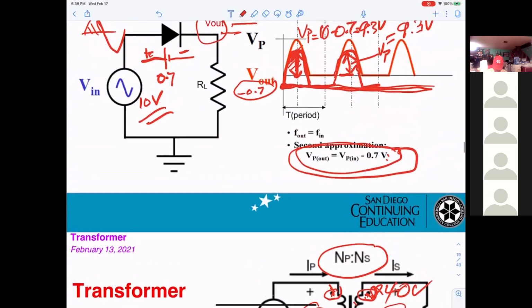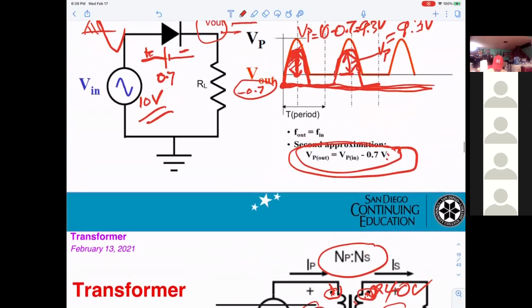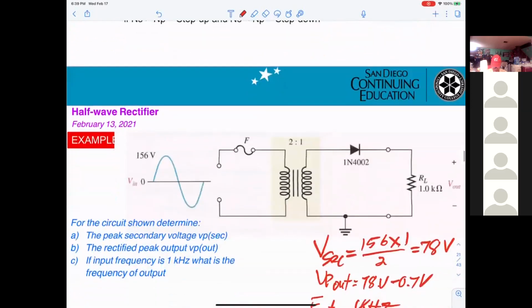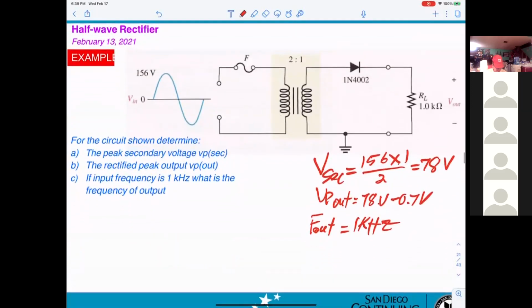F out equals F in. So what I want to make sure is, when you're looking into the circuitry, you must recognize what type of circuitry it is in order to know how it works.